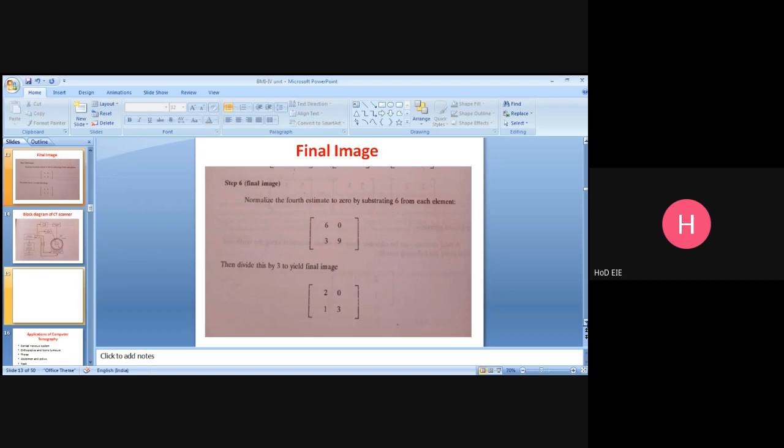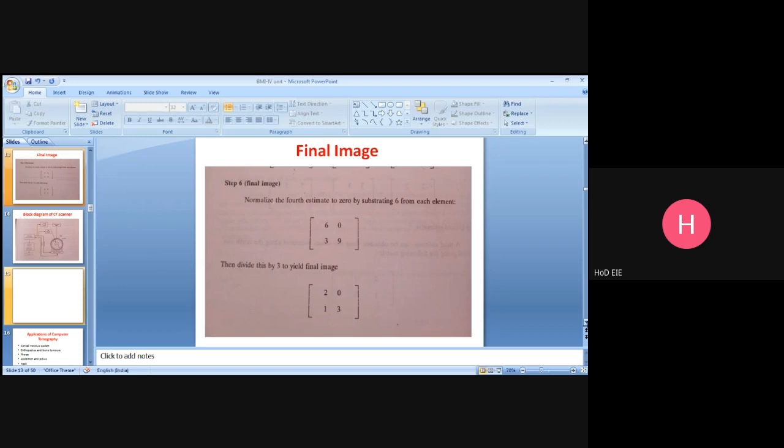Here you are dividing for simplification. You see that after normalizing your fourth estimate to 0, all the values we are getting are divisible by 3.